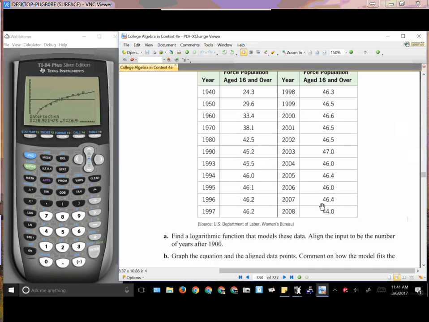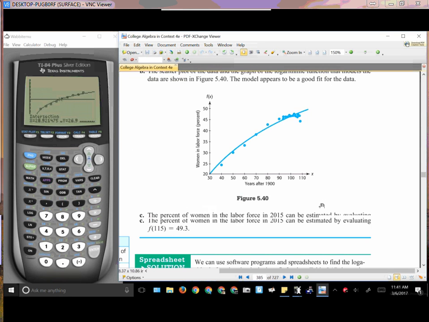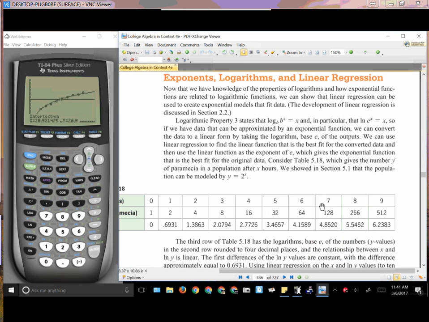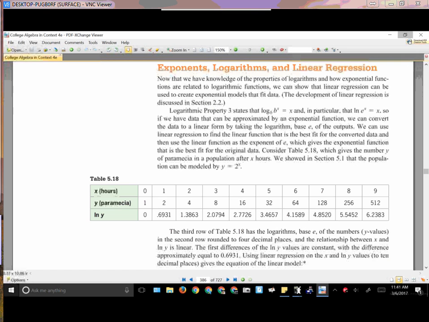So again, put the data in, see what you end up getting. You can use a spreadsheet. You can do these things with it. Just be careful with it when you're going through and trying to identify what's going on with this. Now, exponents, logarithms, and linear regressions.